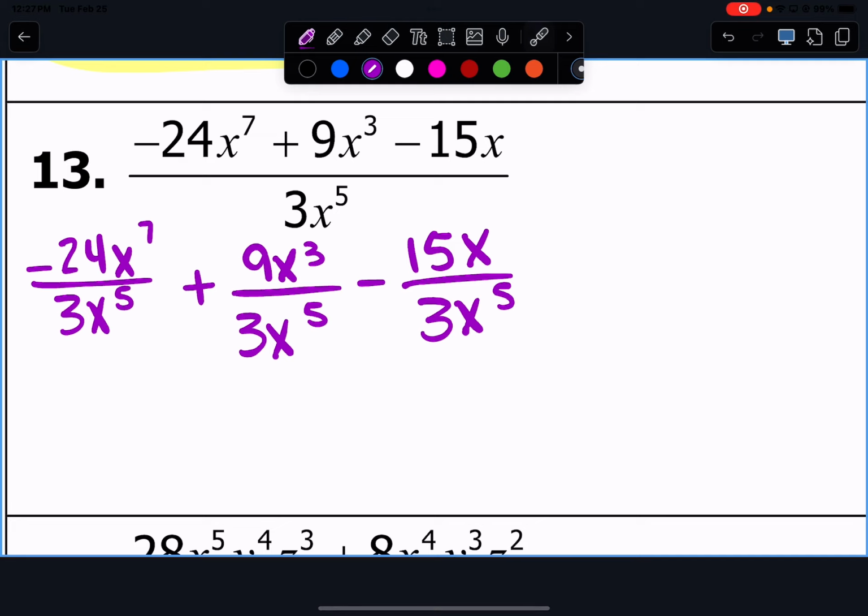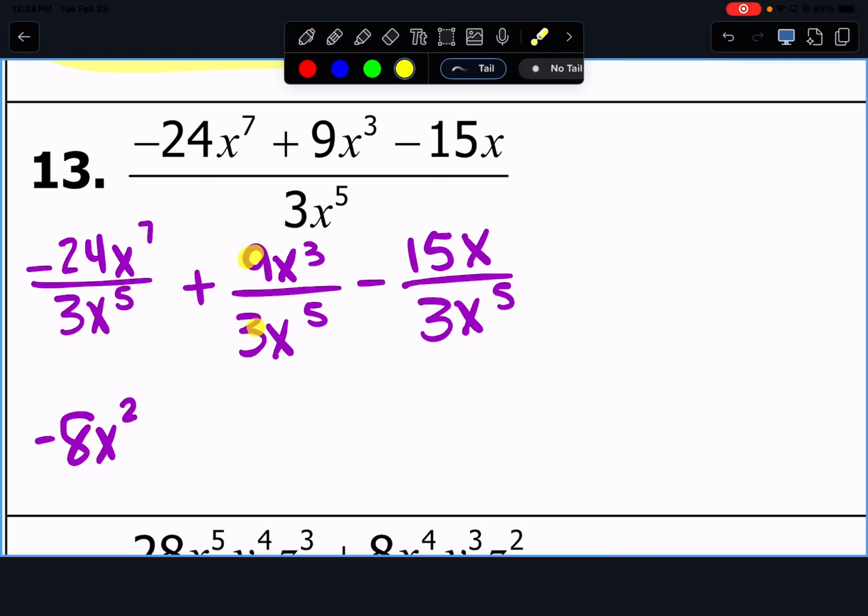So if I look at the first term, negative 24 divided by 3 is negative 8. And then x to the 7th divided by x to the 5th would be x to the 2nd.